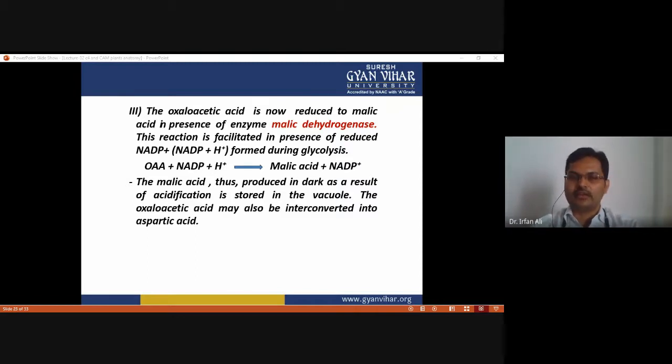If you remember, these molecules are formed during glycolysis. So oxaloacetic acid plus NADPH forms malic acid. The malic acid thus produced in the dark as a result of acidification is stored in the vacuole. The oxaloacetic acid may also be interconverted into aspartic acid.